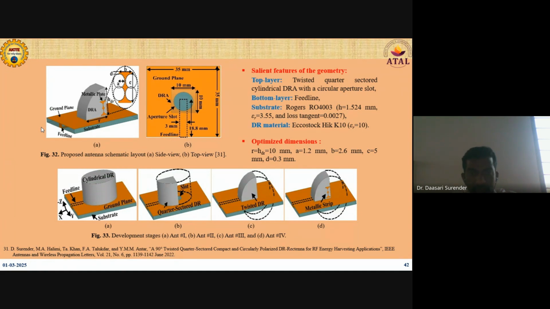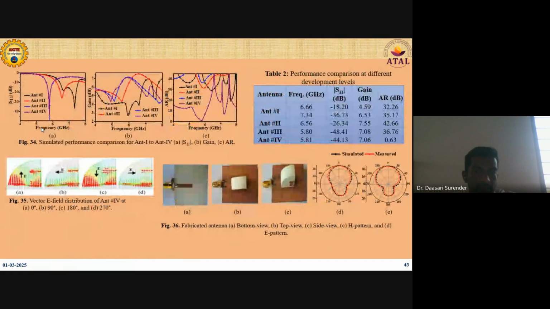So here the dimensions of the antenna are very small, that is 35 by 35 mm square, and the substrate thickness is around 1.524 mm. Here, for the dielectric resonator, a high K10 material has been used by the authors for designing the dielectric resonator antenna.